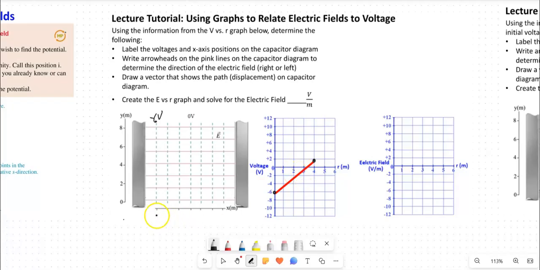So if this is 0, and then you have 1, 2, 3, 4, 5, and 6, then that means this plate on the left has to be the -6 volts. So how I know this plate on the left is negative is because this starts off at -6 volts at 0. So I'm going to label 0 right here. Okay?